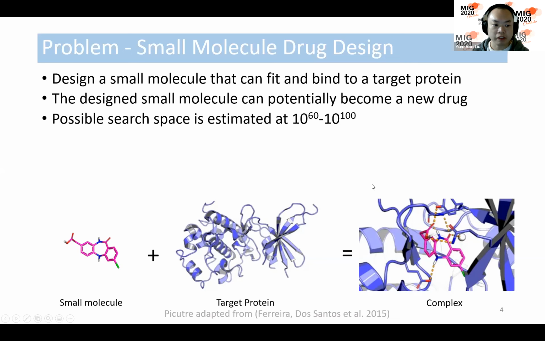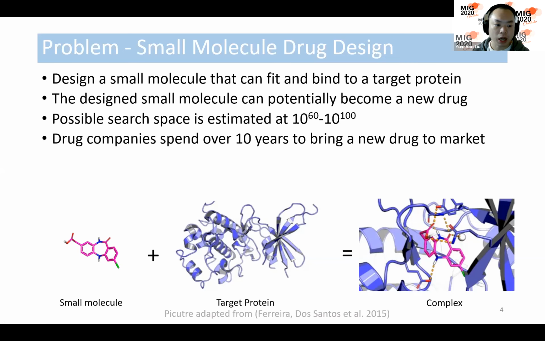This is a very difficult problem because the search space is very large, and the possible drug-like structures are only a very, very small fraction of it. So it is almost impossible for current computers to enumerate all possible structures. That's why drug companies spend over 10 years to bring a new drug to the market. That's why citizen science games can help in this situation.